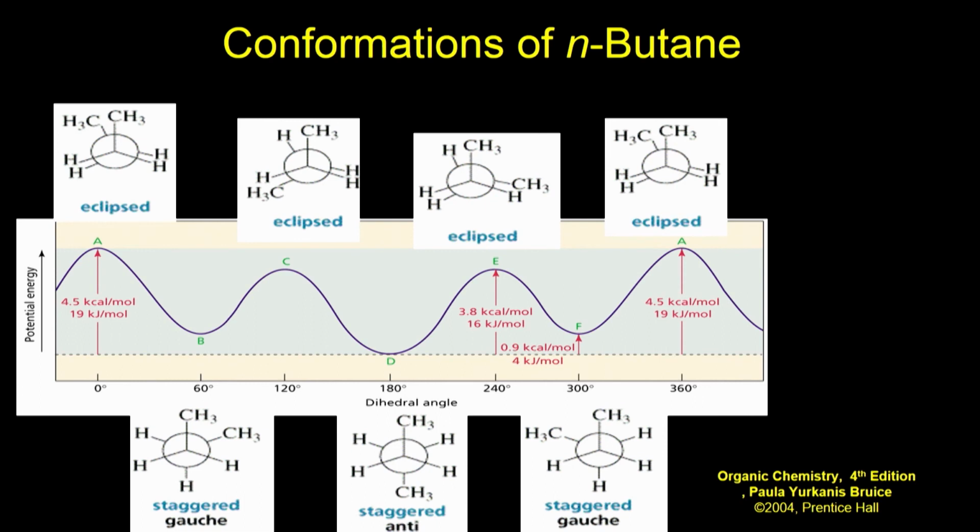This is staggered, gauche, staggered, gauche. You see the CH3s here. This is called staggered anti, different types of conformation. This is taken from this particular reference, Organic Chemistry, 4th edition. Each one of them has different energy values, the potential energy, as you can see here.